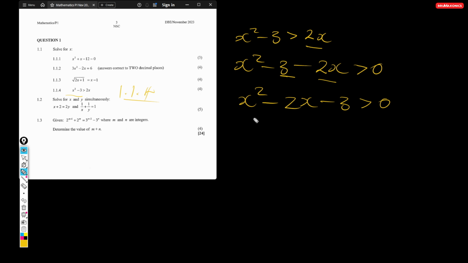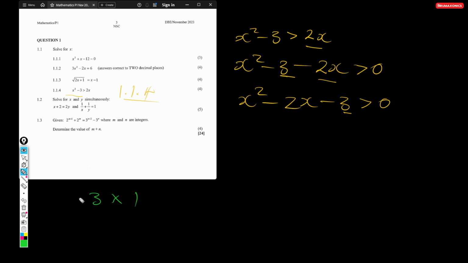So we need the factors of negative 3 that will give us negative 2 when we add them. I usually do this when I want to do that. I can say what about 3 times 1? This will give us 3, and then when we add them, will give us 4.